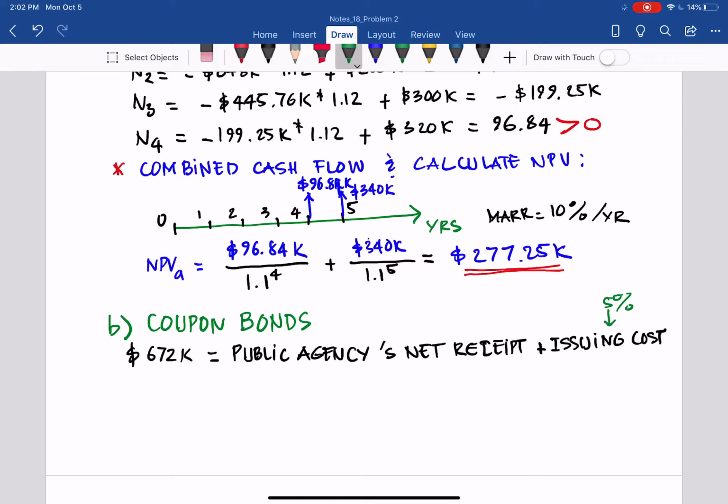Then from there, we can find out the public agency net receipt. It equals 672,000 divided by, including 5%, so it will be 1.05.